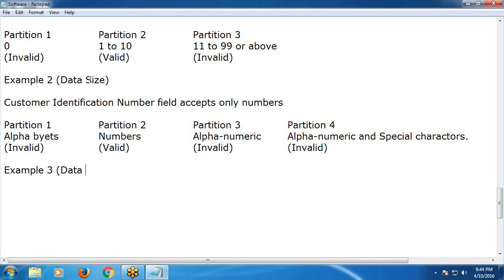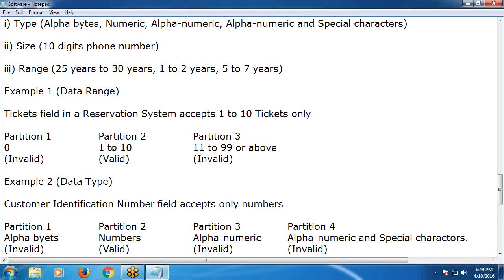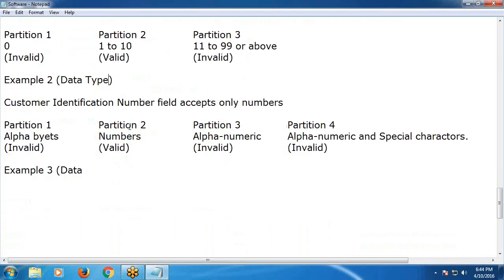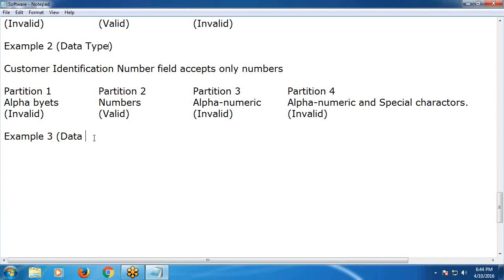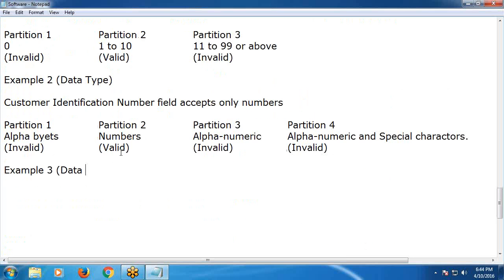It's data type, the type of the data, not size. Good. First one, data range: 1 to 10, next 0, 11 to 99 or above. That is range. Then type, next size.